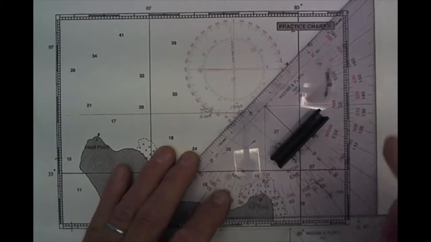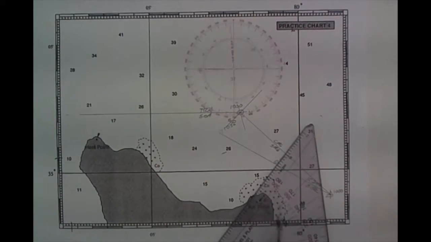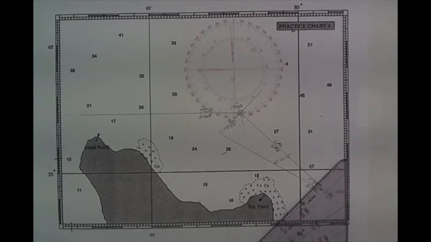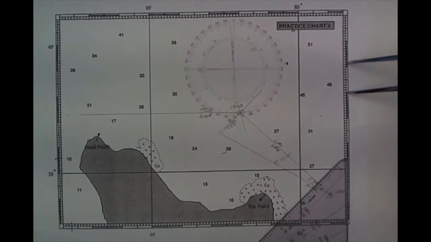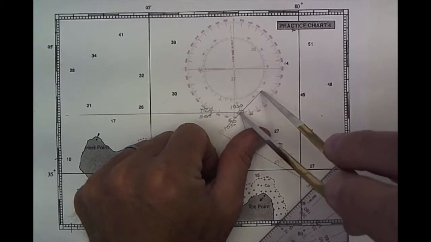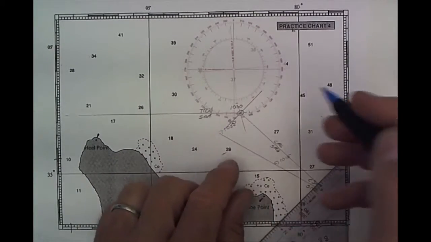But we're going to keep our triangle in a half an hour increment. So in half an hour, that's only 1.1 nautical miles. The length of that set and drift vector is going to be this long.